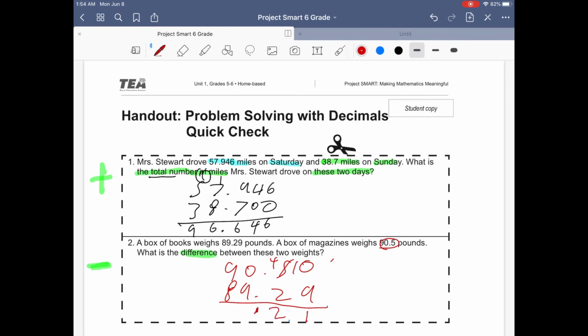Bring down the decimal. Another 0 here, a 0 can't do that, so we gotta borrow again. Becomes a 10. 10 minus 9, again 1. 8 minus 8, 0 out. Cancels out, becomes a 0. And our answer will be 1.21.